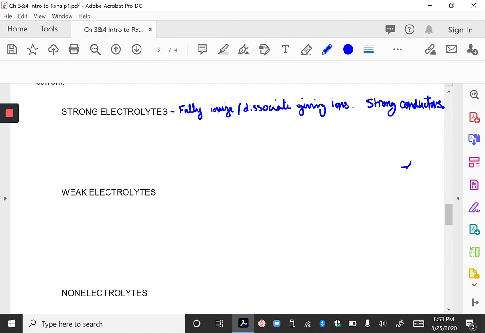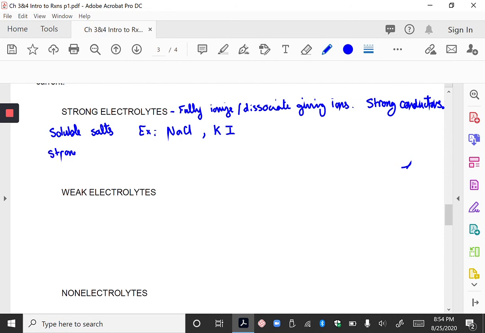What are some examples of strong conductors? Soluble salts, for example, NaCl. When I put NaCl in water, it 100% dissociates into the ions, and it conducts electricity really well. Any soluble salt, so let's say potassium iodide, and so on.